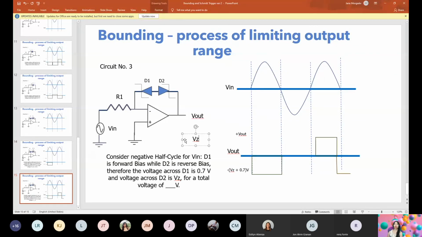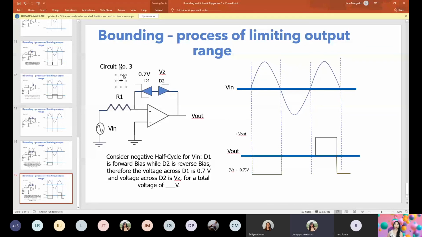So just like here, we have VZ for D2, and for D1, again it is equal to 0.7. Am I right? Then the placement of positive and negative. Saan natin ilalagay yung positive kay D1? At anode, cathode. D1, anode po.